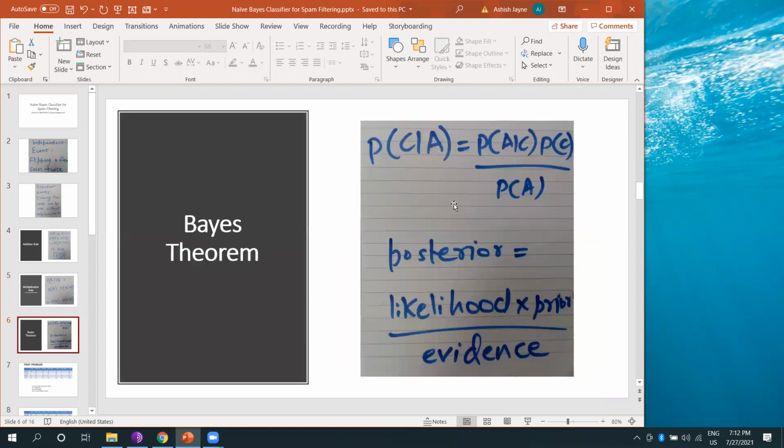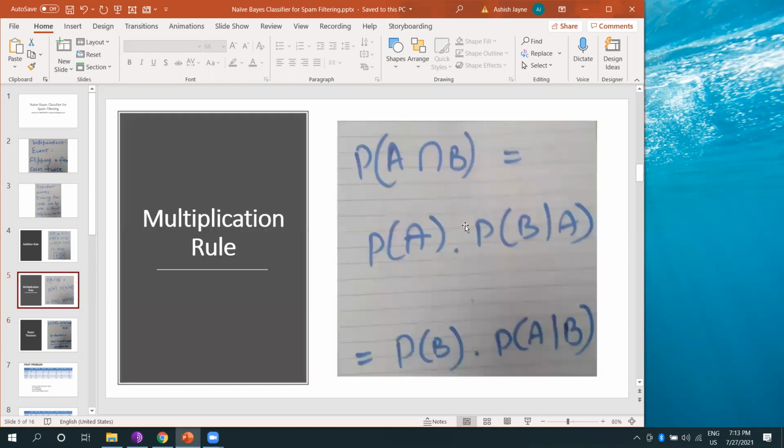Bayes theorem. It says that P(C given A) is equal to P(A given C) multiplied by P(C) divided by P(A). Now you must be realizing over here that you can derive Bayes theorem from the multiplication rule itself. It's simply a rearrangement of this equation.